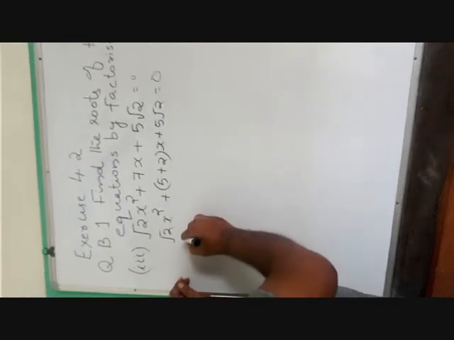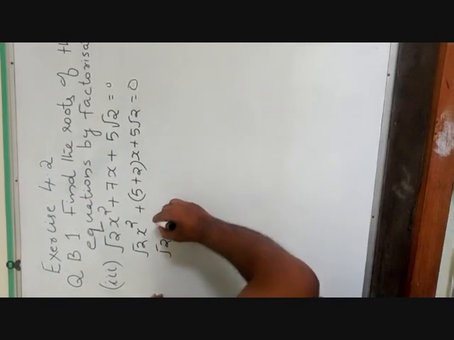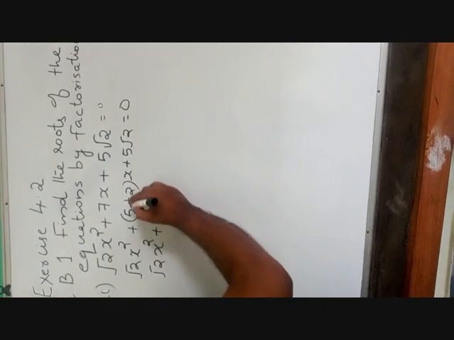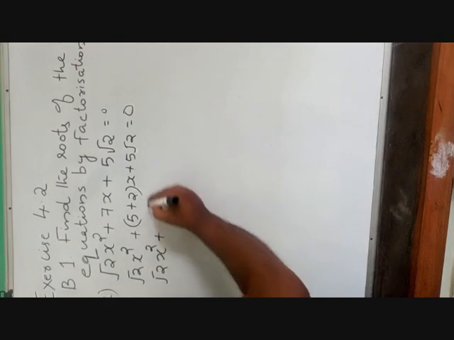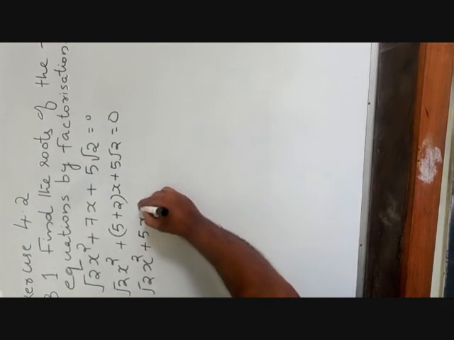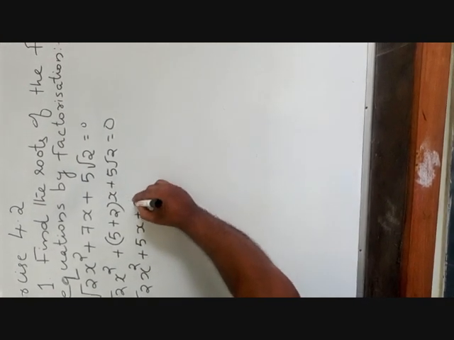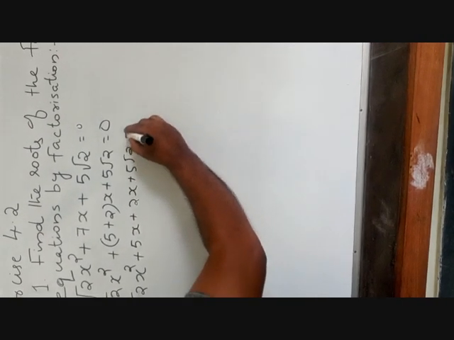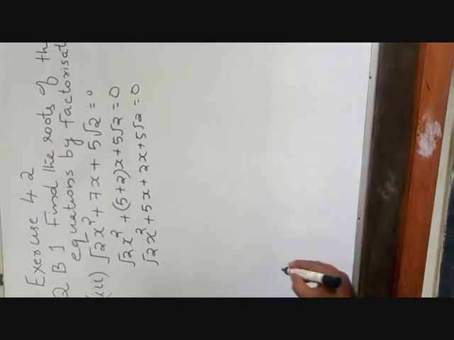The next one is root 2 x squared plus, both terms are multiplied by x. 5 into x, 5x, plus 2 into x, 2x, plus 5 root 2 is equal to 0.